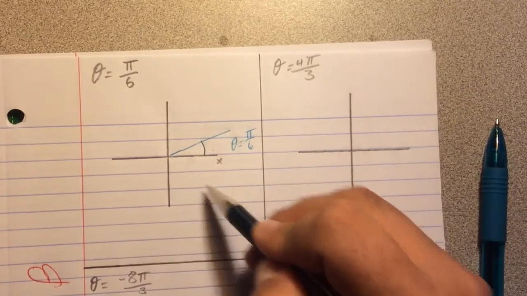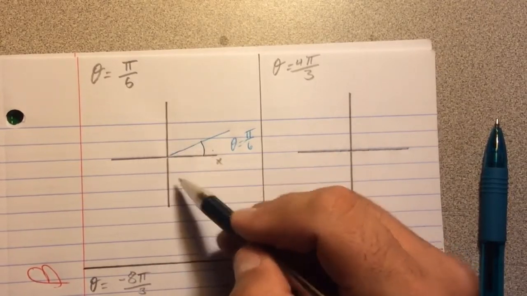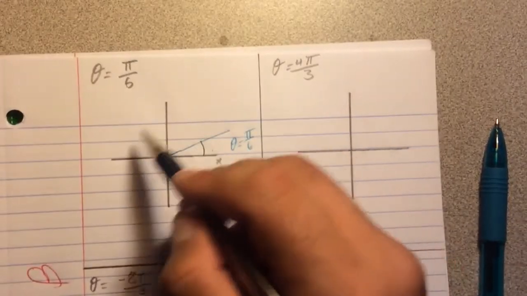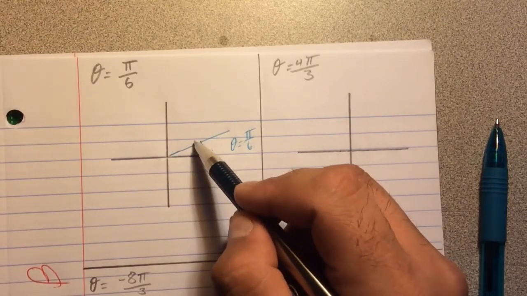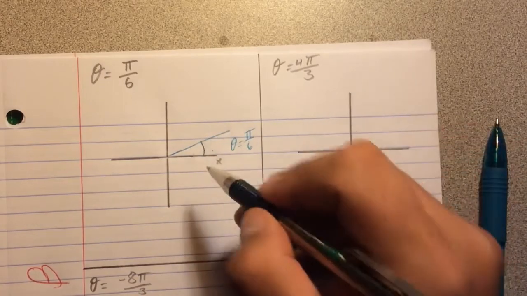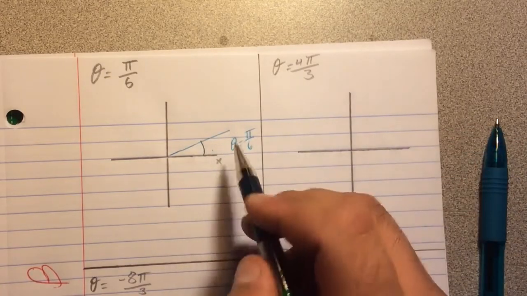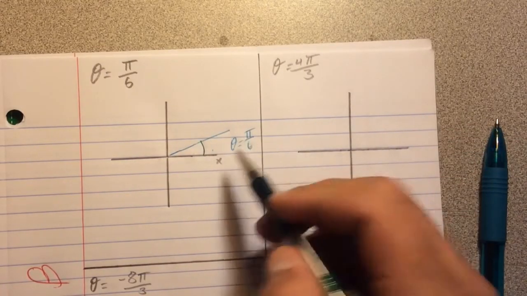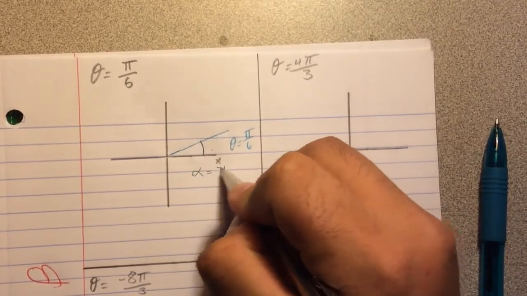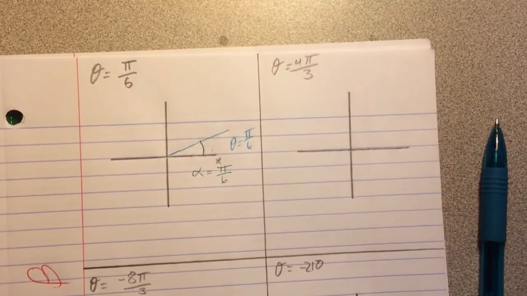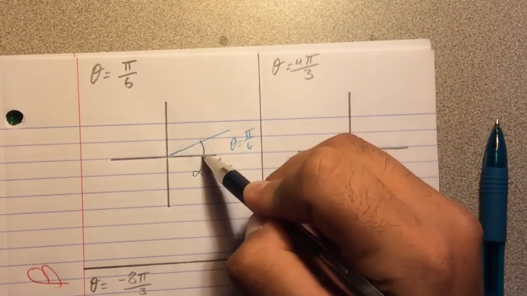But if our theta was on this side, it would be here. It doesn't matter where the theta is, but whatever the closest x-axis is to theta is what the alpha is going to be. And alpha is always going to be positive regardless of whatever it is. So just like theta being pi over 6, our alpha is also going to be pi over 6, because that's what the degrees of this is here.